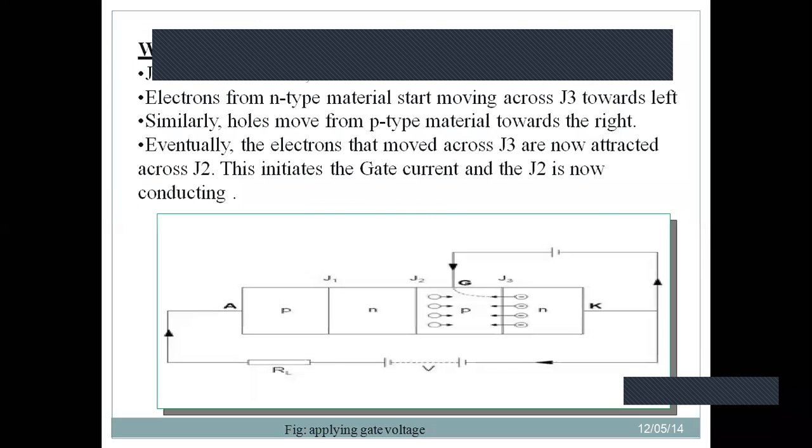Your diode will work. But what happens in SCR? Even if you connect the positive terminal of the battery to anode and the negative of the battery to cathode, the SCR will be in forward bias. But until and unless you apply the gate terminal, it will not work.